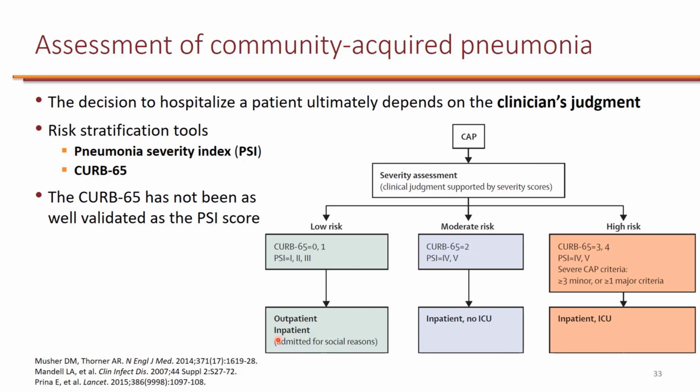For example, if a patient cannot take oral medications, then they need to be admitted to the hospital in order to receive intravenous antibiotics. And when we say outpatient treatment of patients, it basically means the patient will receive a prescription for antibiotics and they get discharged and they go home. Or if the patient is at the primary care physician's office, they receive a prescription and then they go home.